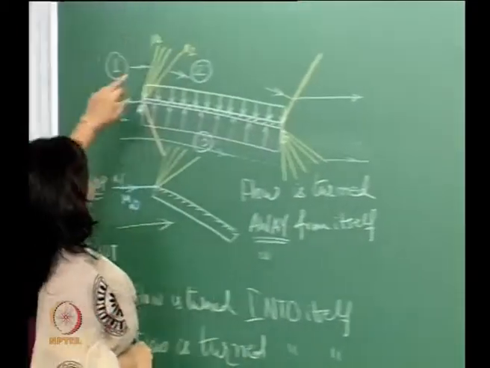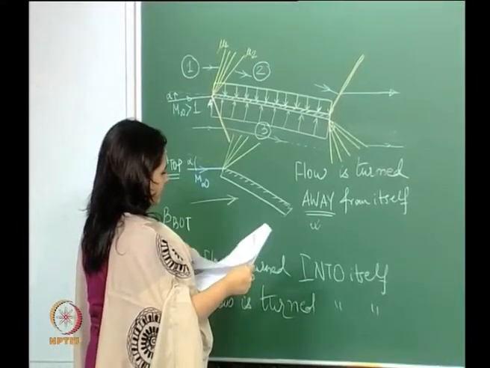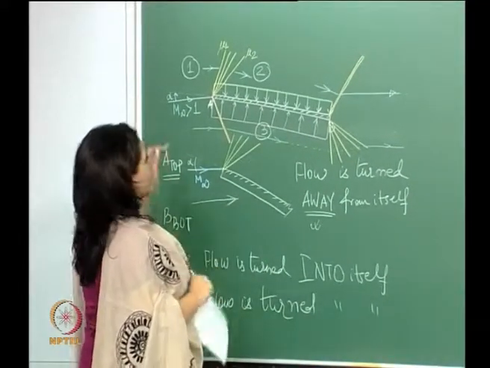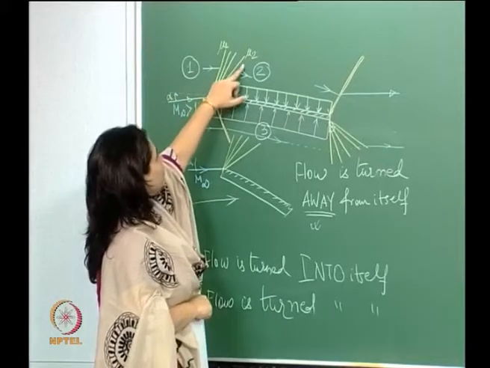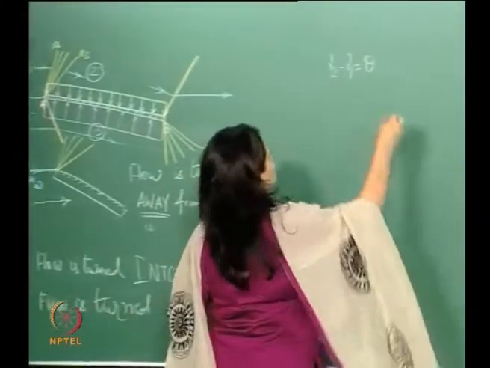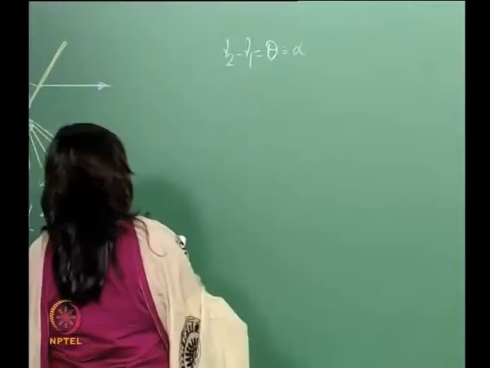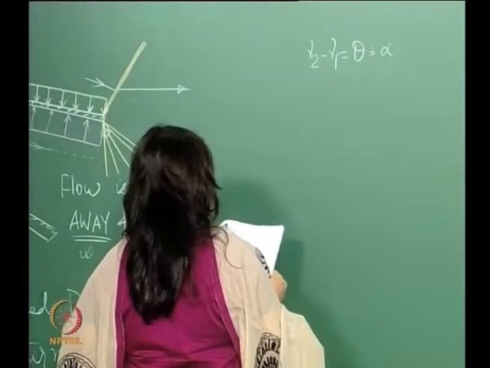From the Prandtl-Meyer function we know that mu 2 minus mu 1 is theta. Theta is the deflection, which in this case is our alpha. So this is known to us, which is 5 degrees.